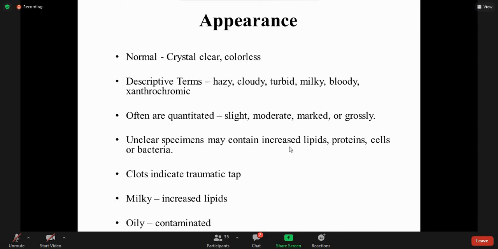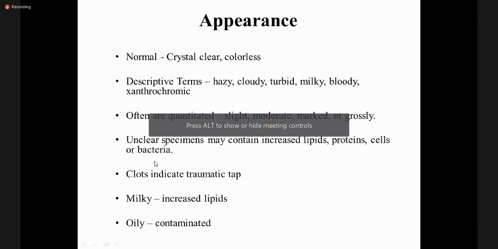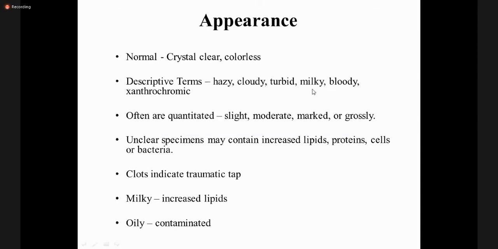Unclear specimens may contain increased lipids, protein, cells, or bacteria, and these things cause the haziness, cloudiness, turbidity, or milkiness in the CSF. Clots indicate a traumatic tap. Means if blood is mixed through another method into the CSF, like an intraventricular bleed or intracerebral bleed, then it doesn't clot.